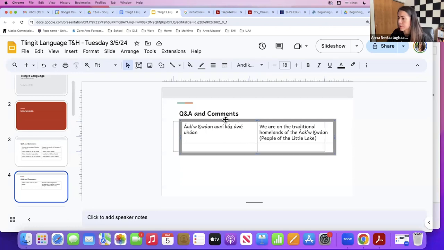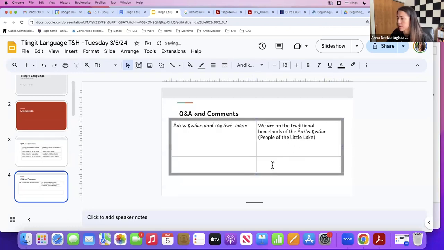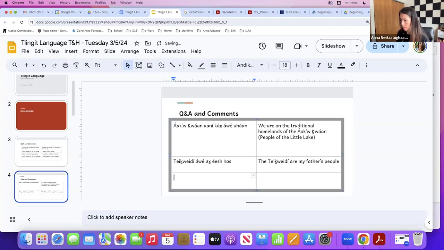If you went to Angoon and you're a Raven clan, and you want to acknowledge the Eagles of Angoon when you get there, and they're related to you somehow, you might say something like... What's another clan name?